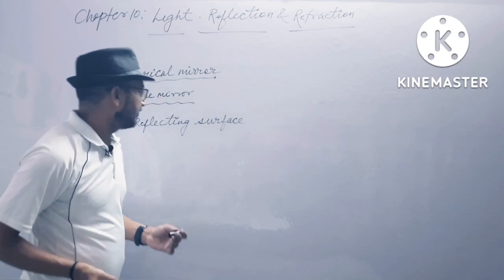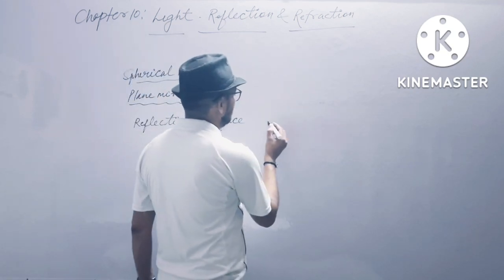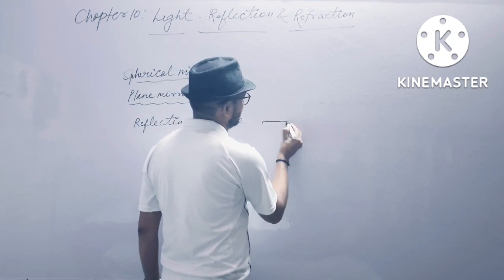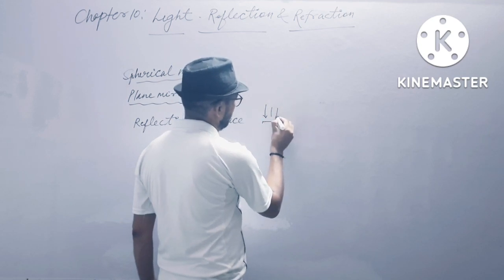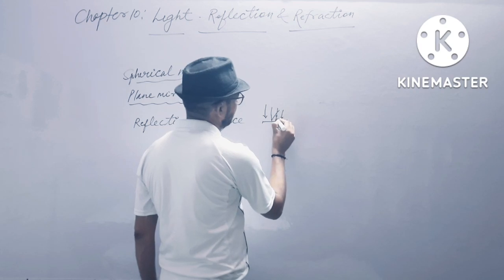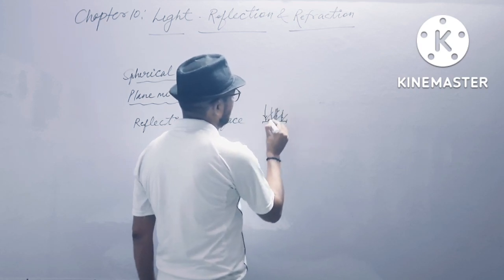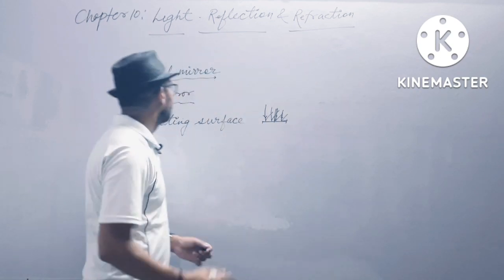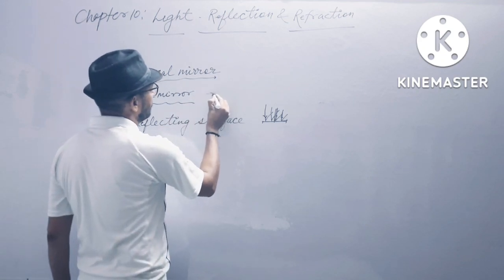What is a reflecting surface? Suppose we wish to see any object, where the rays fall and reflect, that is called the reflecting surface.